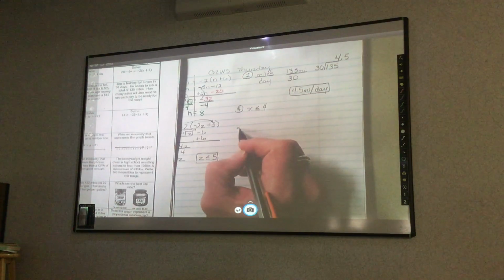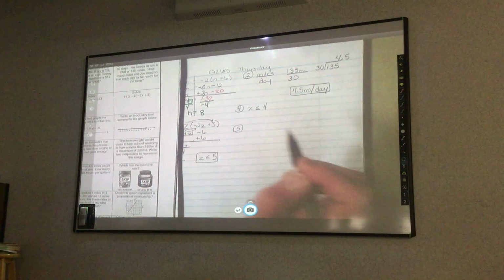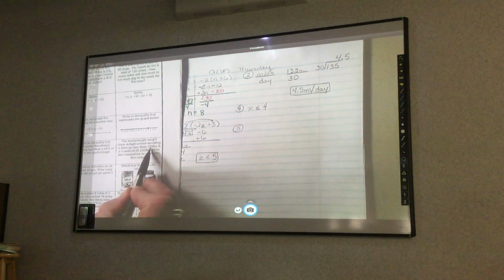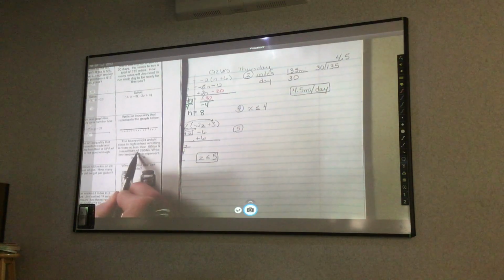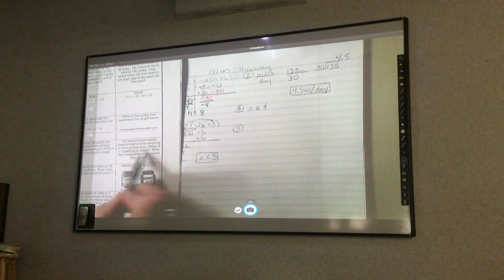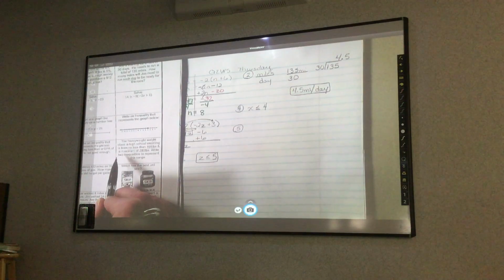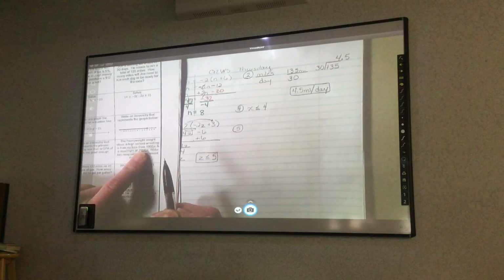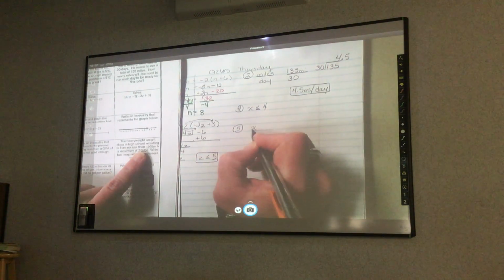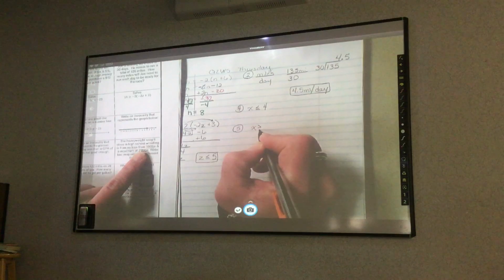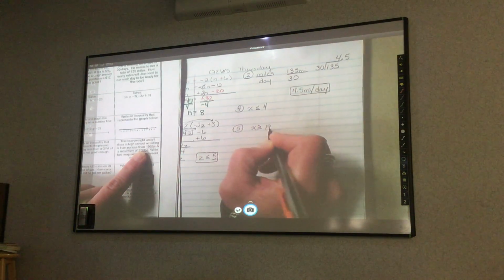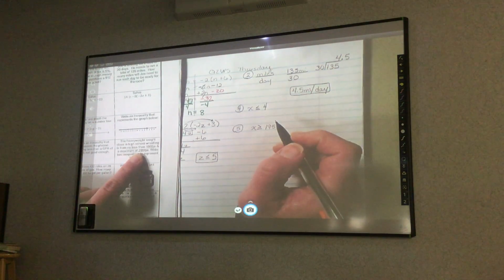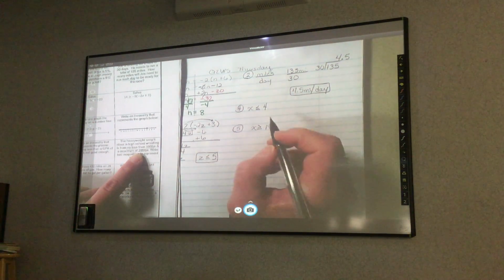Number 5. The heavyweight class in high school wrestling is from no less than 195 pounds and a maximum of 285 pounds. Write 2 inequalities to represent this range. Okay, so it cannot be any less than 195. So x is going to have to be greater than or equal to 195, and it cannot be any greater than, the most it can be is 285.